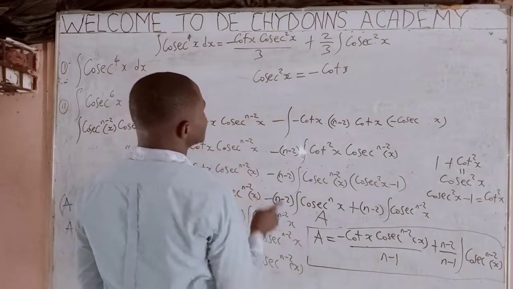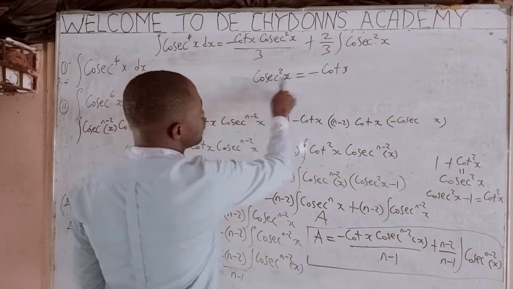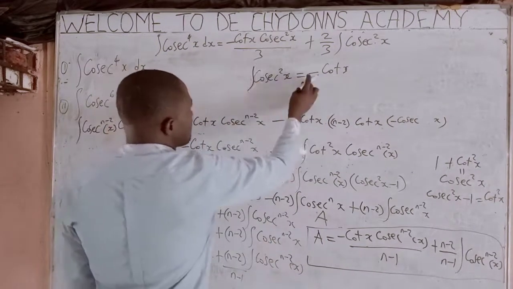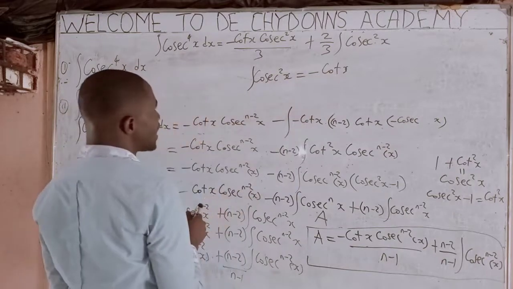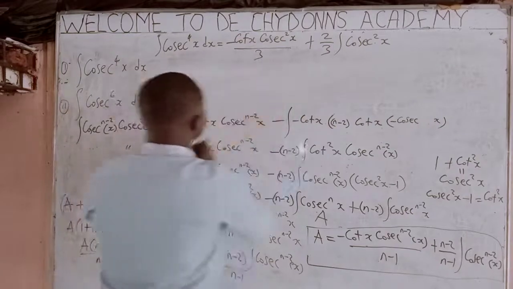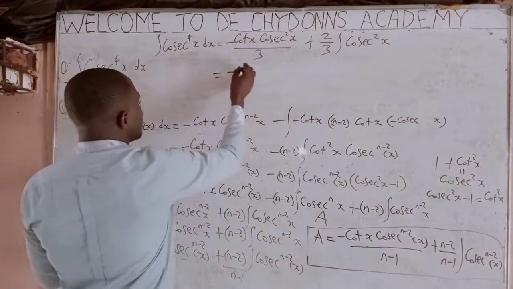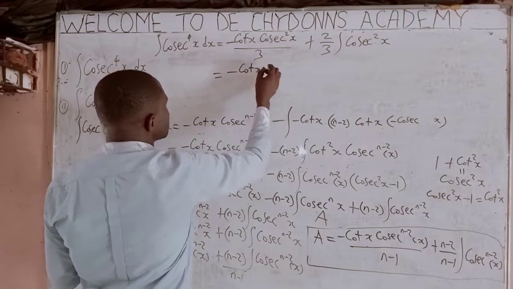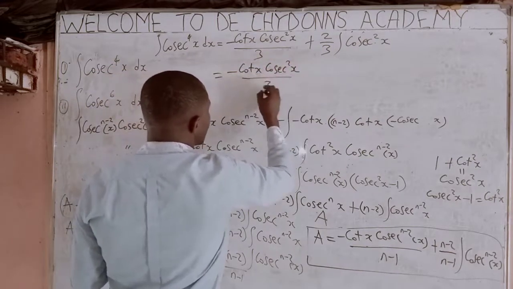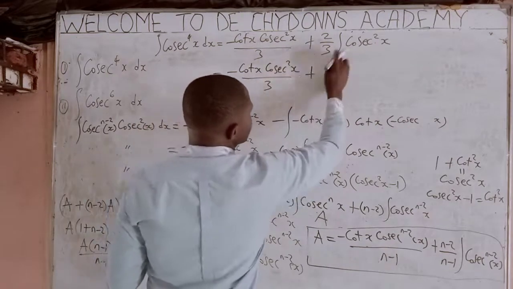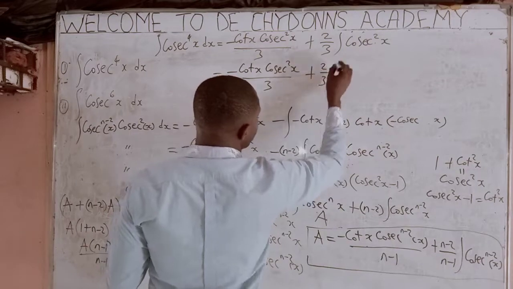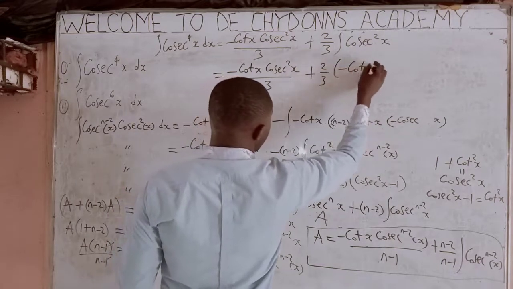So finally, this is equal to minus cot x cosec squared x all over 3 plus 2 over 3 bracket minus cot x.